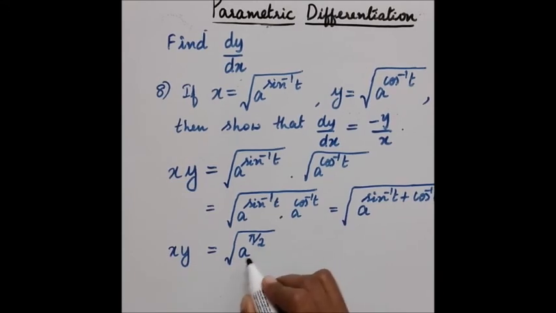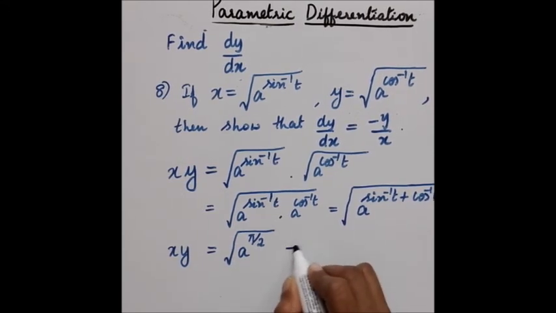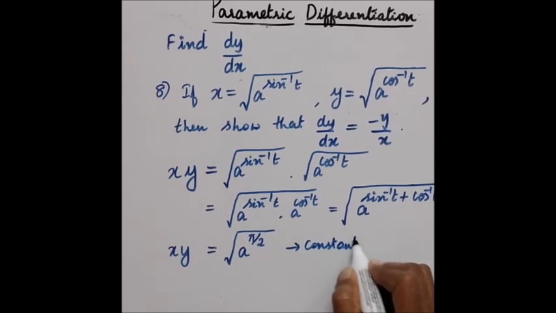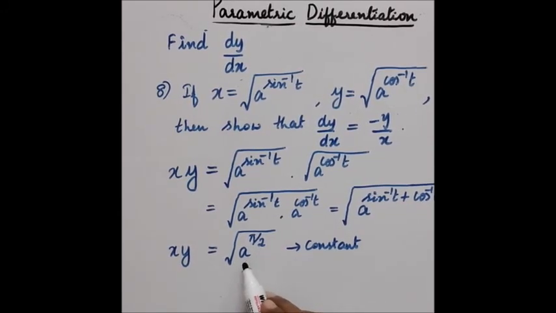Now square root of a to the power pi by 2 is a constant. A is a constant, pi by 2 is a constant, constant to the power constant is a constant, root of a constant is again a constant.